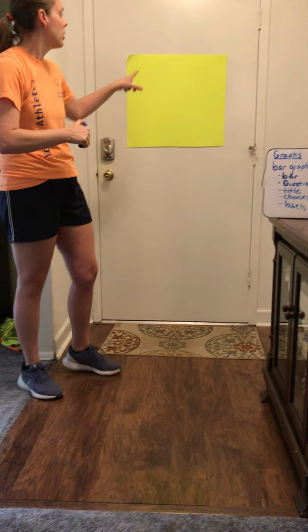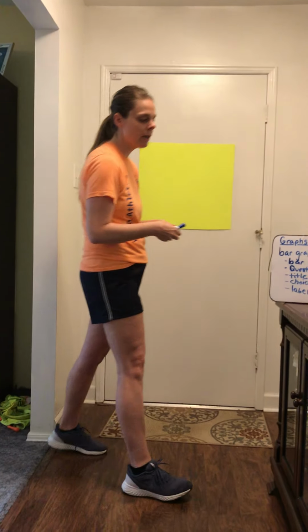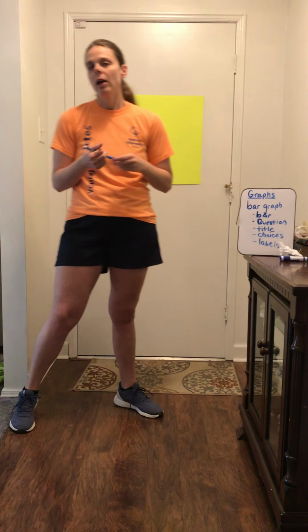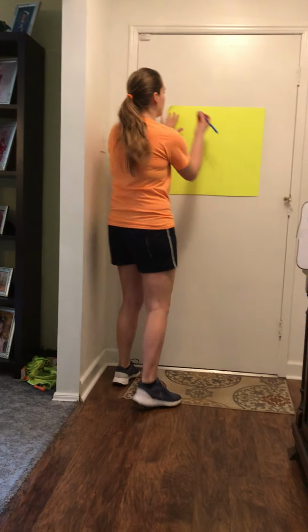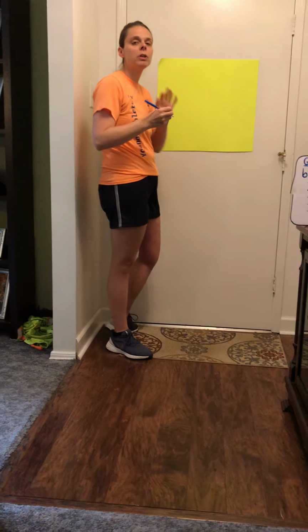All right, we're going to look up here, and we have to start with what question we want to ask. Since I can't hear you right now, I'm going to come up with the question, and I think we'll keep it simple: what is your favorite color? If the question is what is your favorite color, we can use that to write our title.